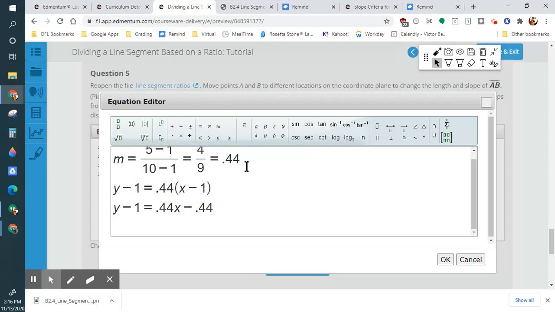Add 1 to both sides. I know I'm going fast. You can't add 1 to an x, but you can add it over here. So negative 0.44 plus 1 equals positive 0.56.